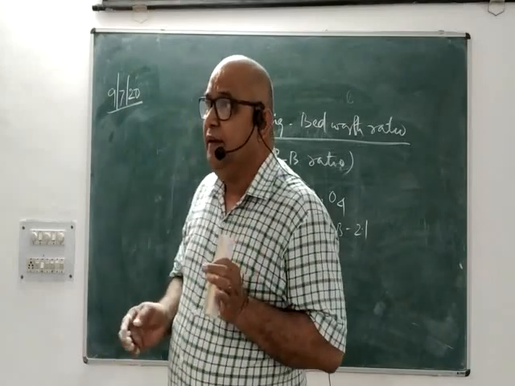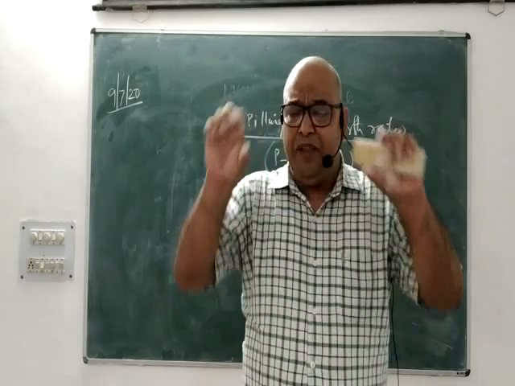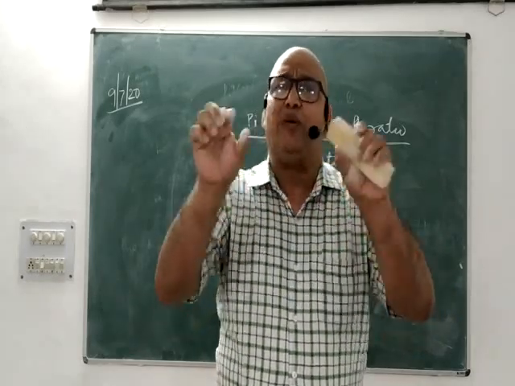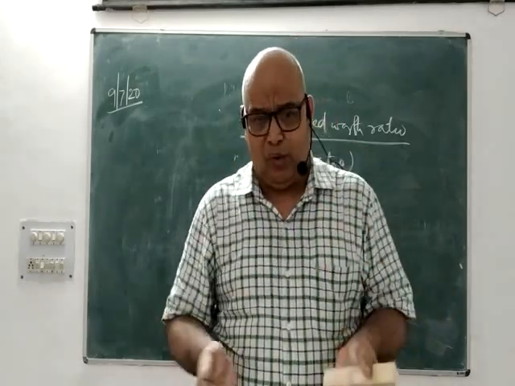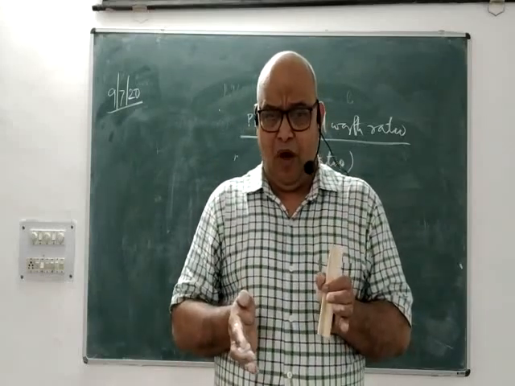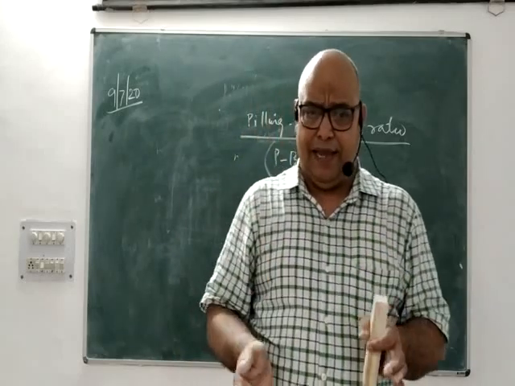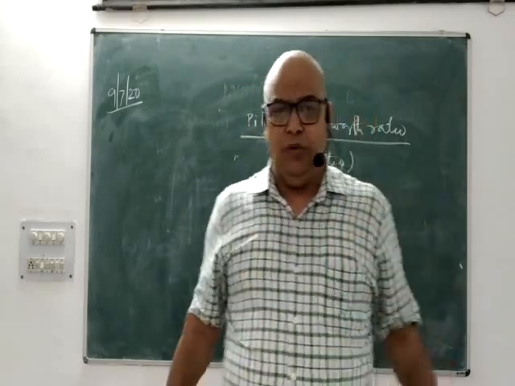I repeat, what will be the volume of the metallic oxide that is formed on a particular metallic surface? You can calculate it by multiplying the volume of the metal lost during the process of oxidation by the PB ratio.